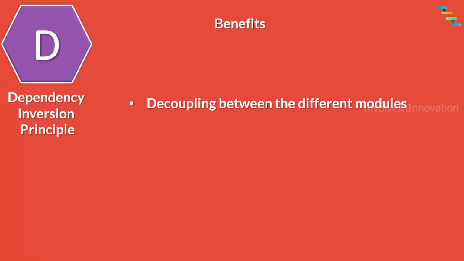So what is the advantage of using dependency inversion? Dependency inversion provides decoupling between different modules. The high level component is not dependent on the implementing class, it just depends on the abstraction, so that you can pass any type which is a subtype of that particular abstract class or interface. And obviously there is code reusability.